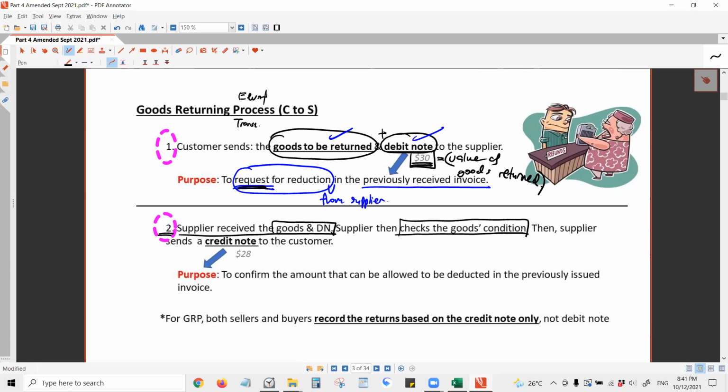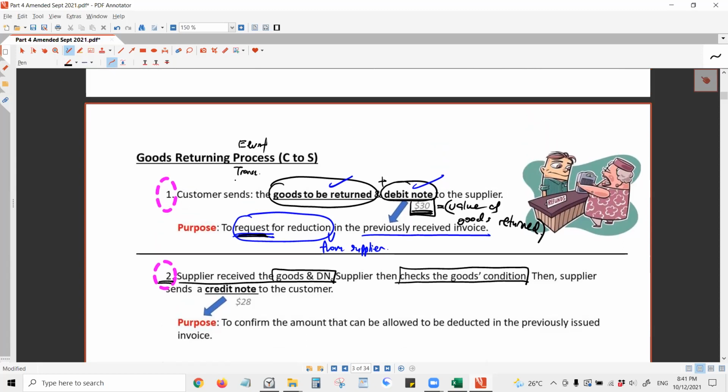Let me talk about an example in real life. Let's say you open a shop known as Switch. Do you know what Switch shop sells? They sell Apple products, right? Let's say one day you sold an iPhone to a customer. Then a few days later, the customer returned the iPhone back to us because there's some problem with the iPhone.